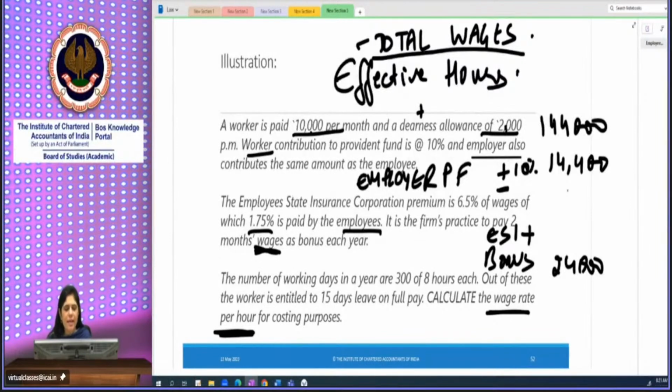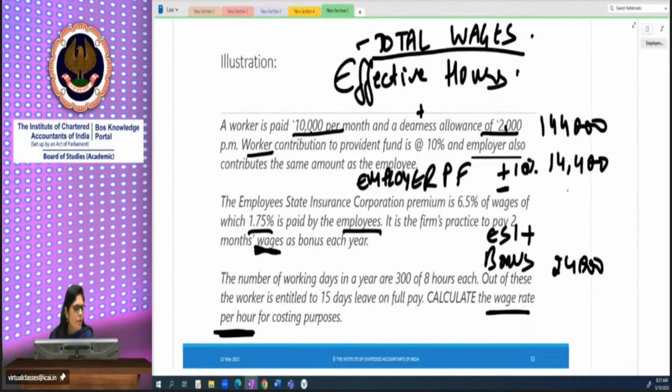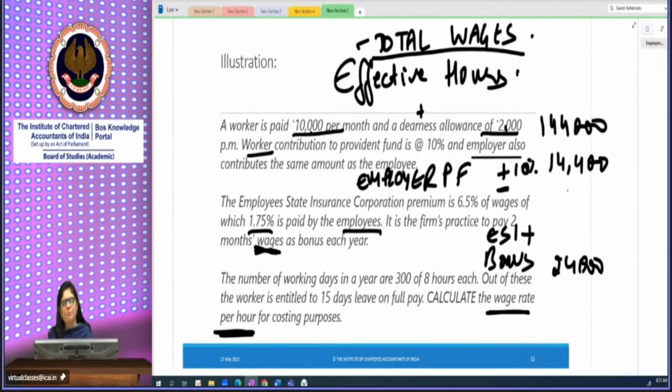So ESI, can anybody tell me what is the percentage of ESI I should add? What is the employer contribution of ESI? Yes, it's 4.75. PF is normally calculated on basic and DA. Again, it depends on the question.